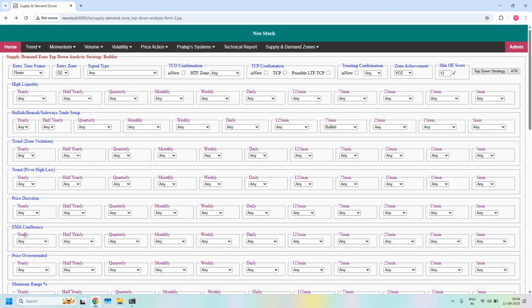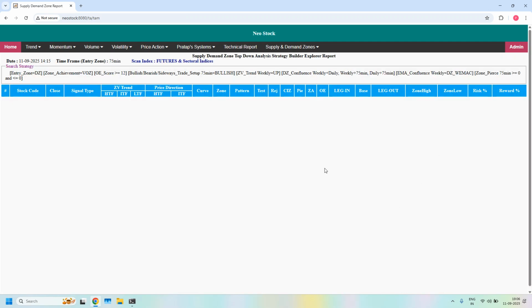Let's filter on the 4 stocks. Weekly demand zone with weekly EMA confluence. And also trend on the weekly should not be sideways. It should be uptrend because it is a bullish trade setup. No stocks are filtered. No weekly demand zone with weekly EMA confluence.